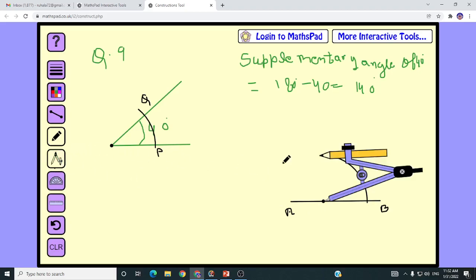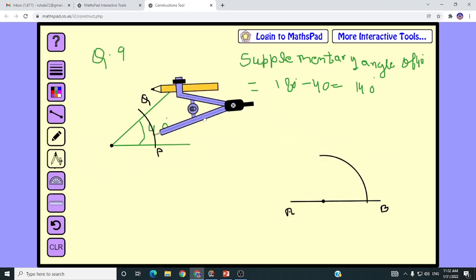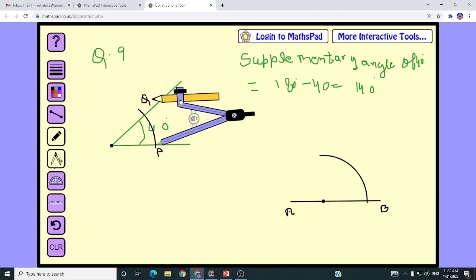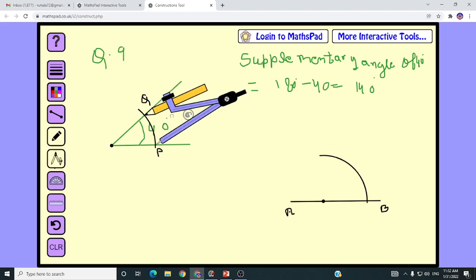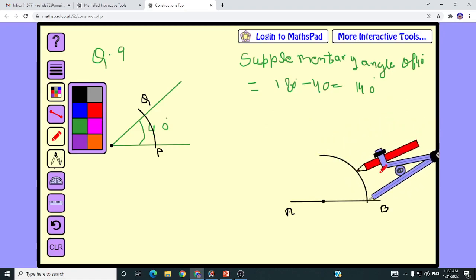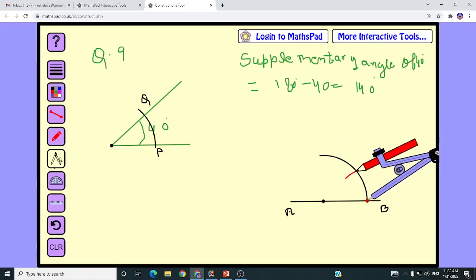Now keep the tip of the compass on P, then the tip of the pencil on Q. Take the radius and mark an arc.